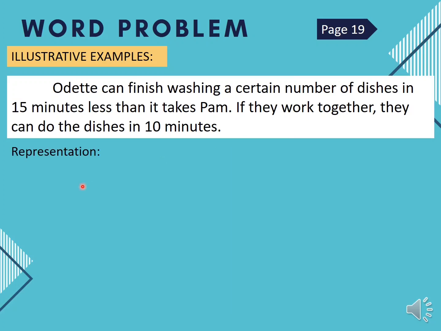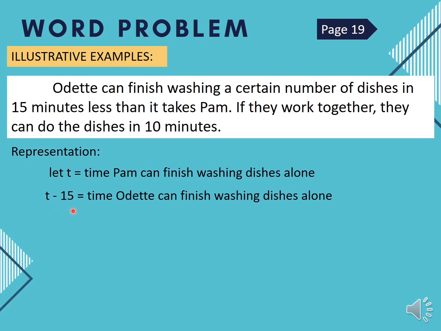Now, let us have a representation. Sabi dyan sa ating given problem, si Odette daw can finish doing the dishes 15 minutes less than it takes Pam. Meaning, mas mababa ng 15 minutes kay Pam. Alam natin yung kay Odette na 15 minutes less than kay Pam. But, do we know Pam? Hindi po. So, therefore, we can represent the time Pam can finish washing dishes alone as T. If ang time ni Pam ay T, kay Odette ay 15 minutes less than T, or we can represent it as T minus 15.